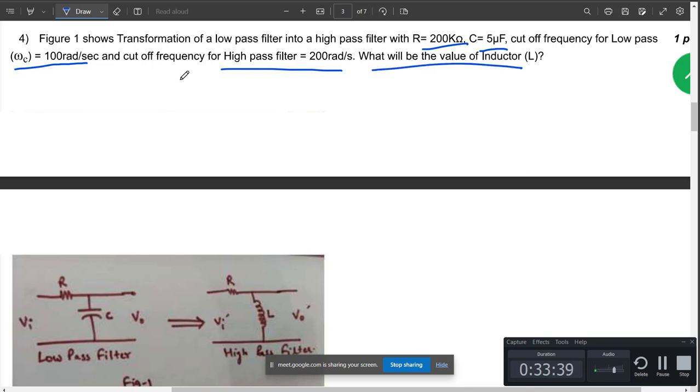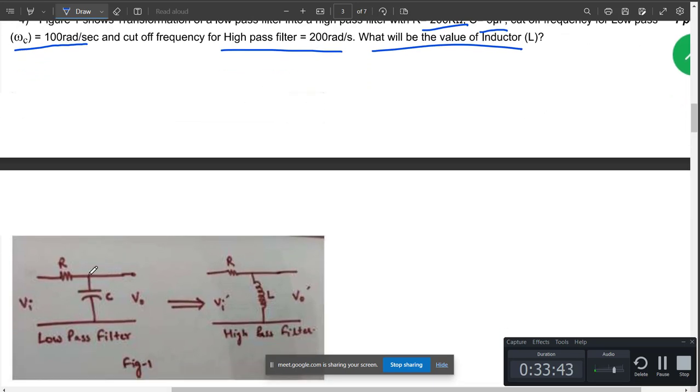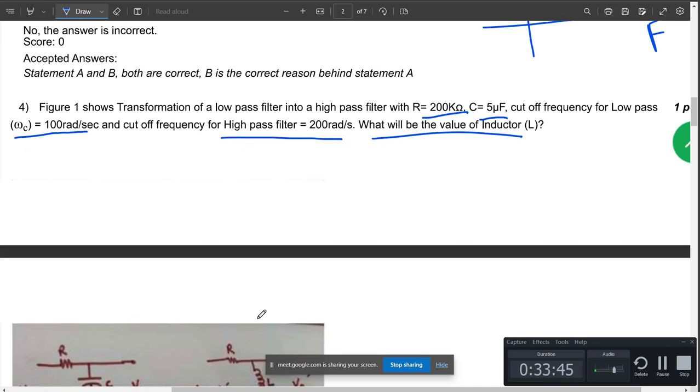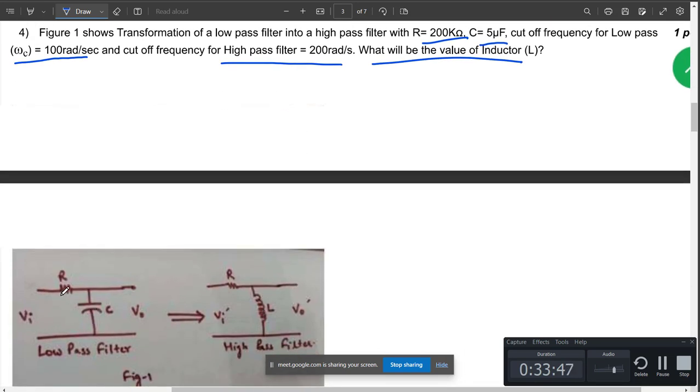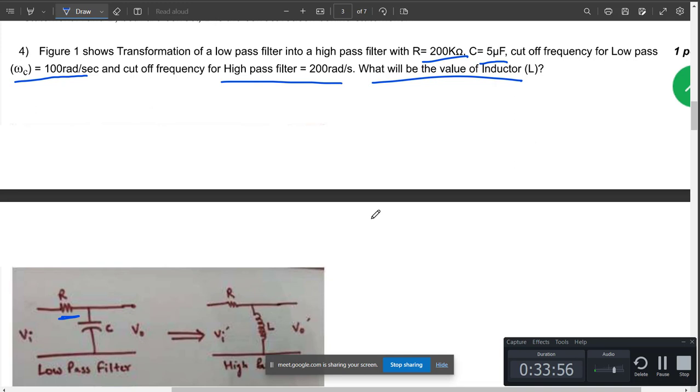Okay, so here it is saying that there is a transformation happening from low pass filter to high pass filter. All right, and the R given here. So we are converting a low pass filter to high pass filter. Okay, and the value of R is given, which is 200 kilo ohms. Value of C is given, which is 5 microfarads.